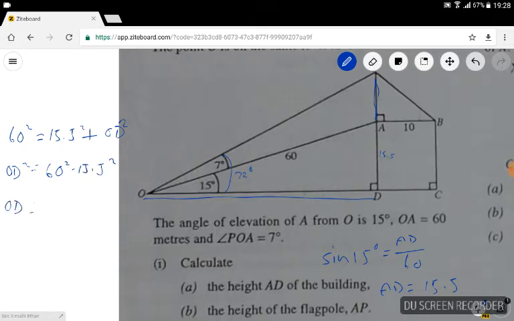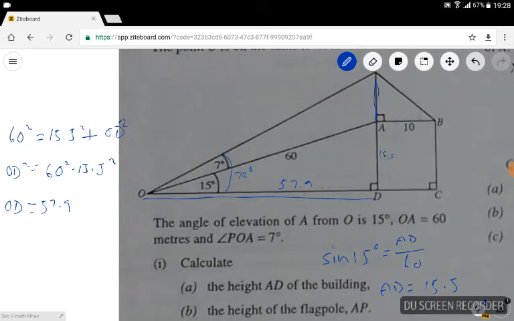OD equals square root of 60 squared minus 15.5 squared. The answer is square root 3359, so OD is 57.9. Okay, this is 57.9.